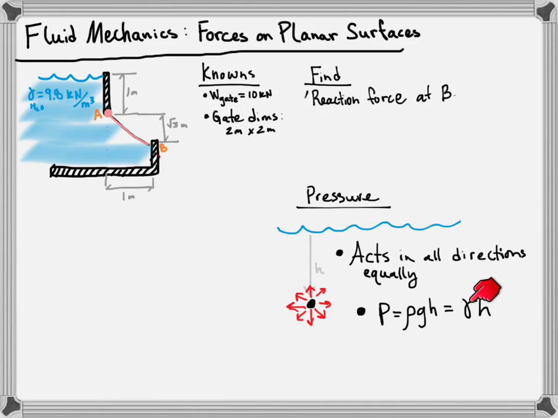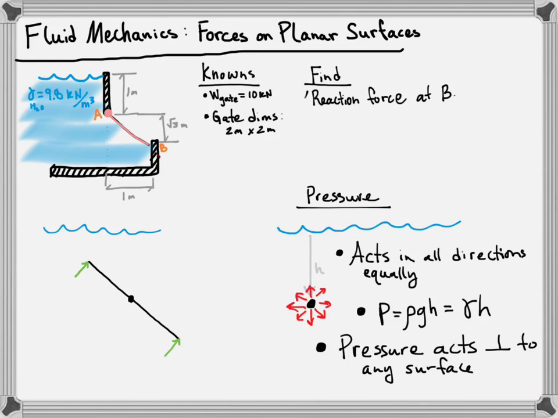Or you could just do specific gravity, so these are 2 equivalent expressions. But also, maybe the most important thing is it's dependent upon the depth within the fluid. And this depth is measured from the surface down to the location in the fluid that you're concerned about. And lastly, pressure always acts perpendicularly to any surface.